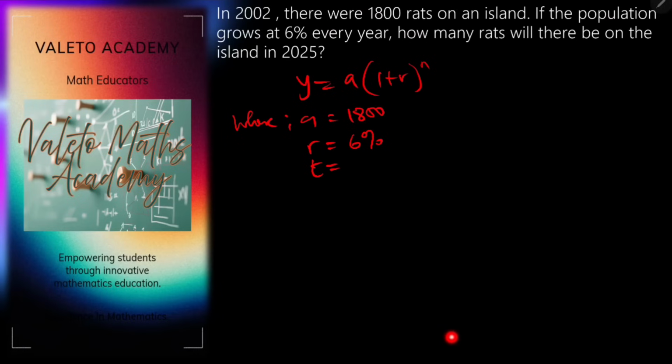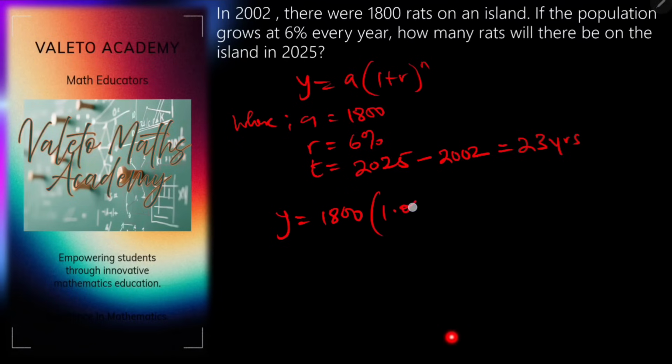Then what about the time? How do we know the time? The time now will be equal to 2025 minus 2002, which is equal to how many years? 23 years, right? Okay. So if that is correct, we can then implement the formula to have y is equal to 1,800 multiplied by 1.06, raised to power 23.